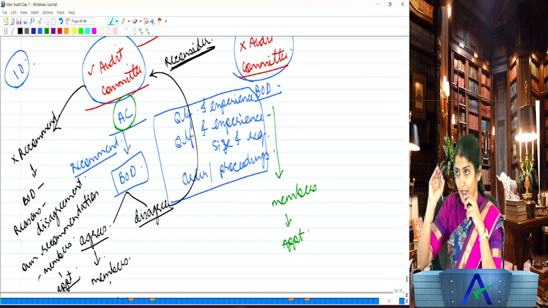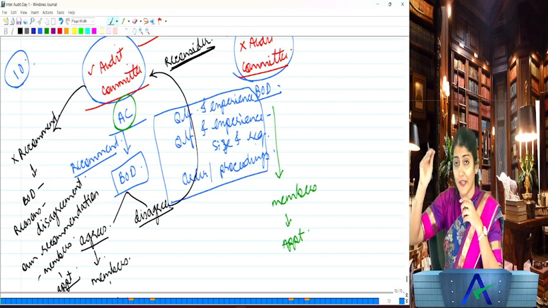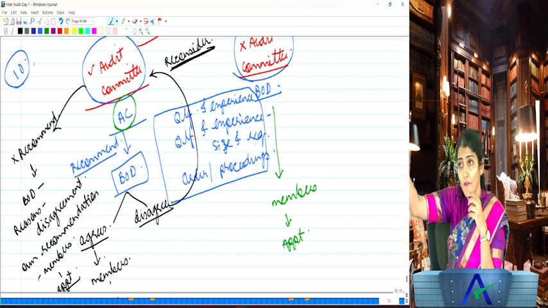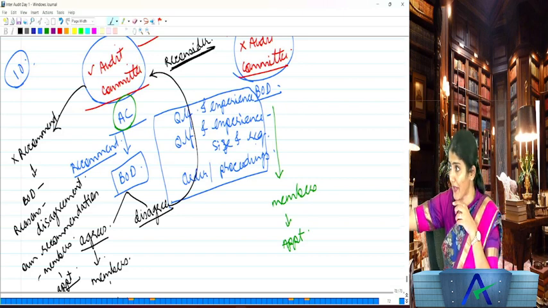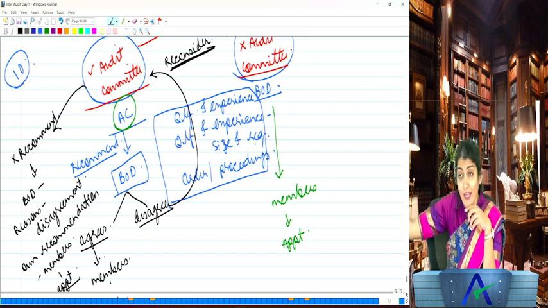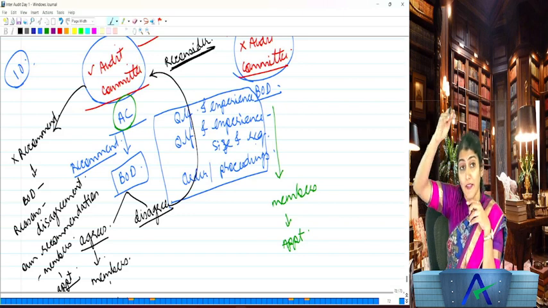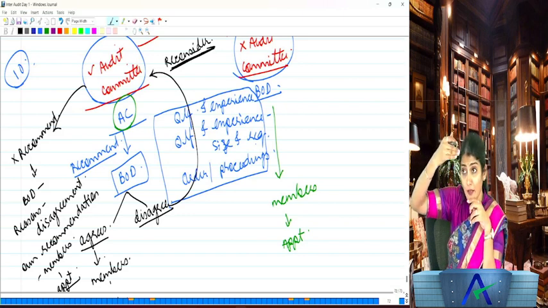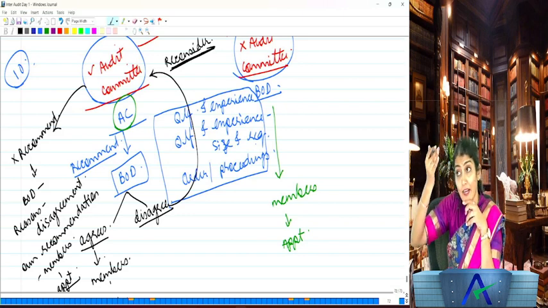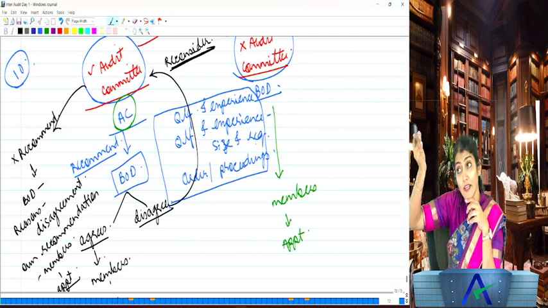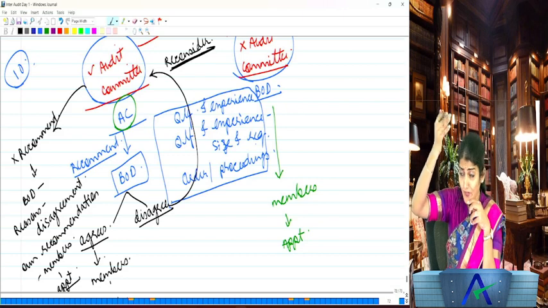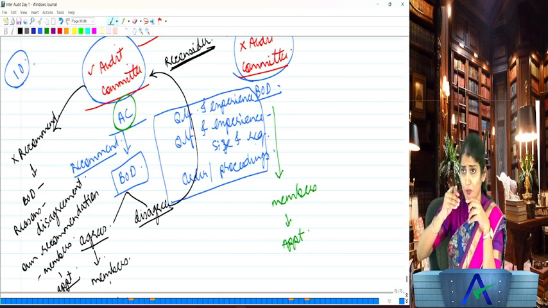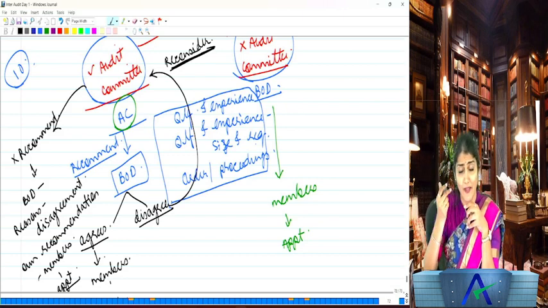Are you understanding that? So now first two possibilities: the company does not have an audit committee, or it has an audit committee. If they don't have an audit committee, board will recommend to the members, members will appoint. If the company has an audit committee, then audit committee will recommend to the board of directors. Then board of directors may agree or disagree with the recommendation of the audit committee. If they agree, then you pass on that recommendation to the members and the auditor will be appointed by the members.